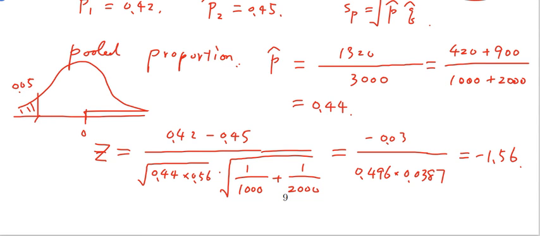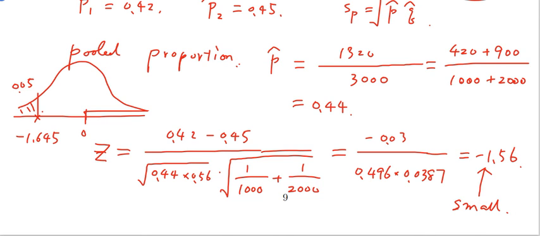We know this number is negative 1.645. So this is the critical value. Judged by this critical value, negative 1.645, we can find this number is small.